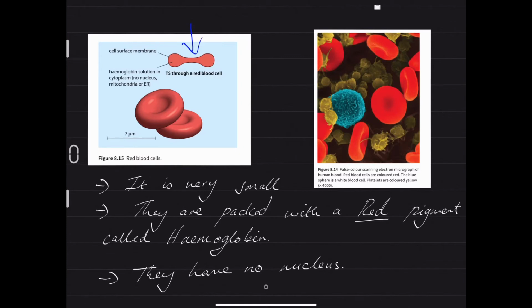So very small, they are packed with a red pigment called hemoglobin, which allows for the oxygen to bind to the red blood cell, and also they have no nucleus, allowing more space for hemoglobin.